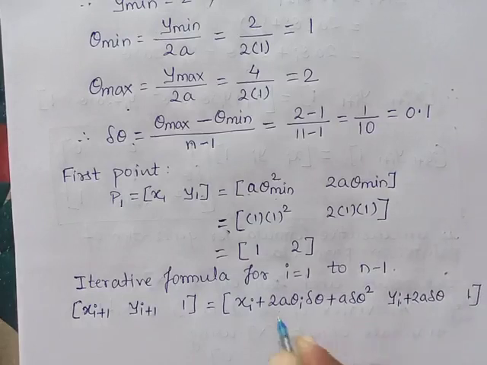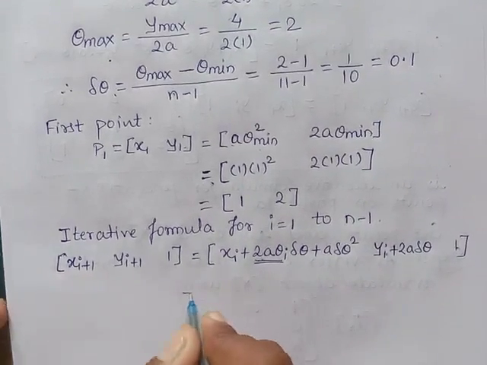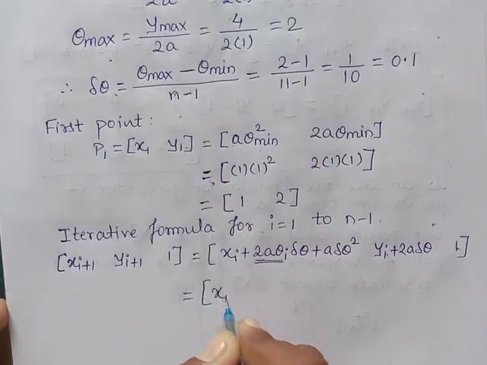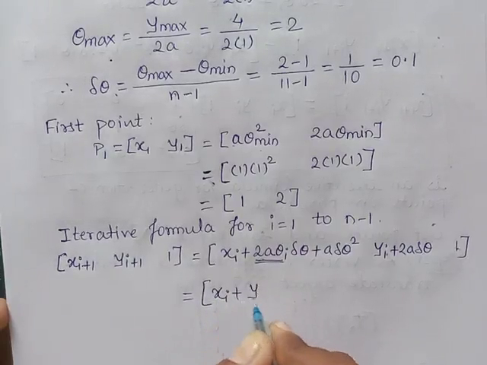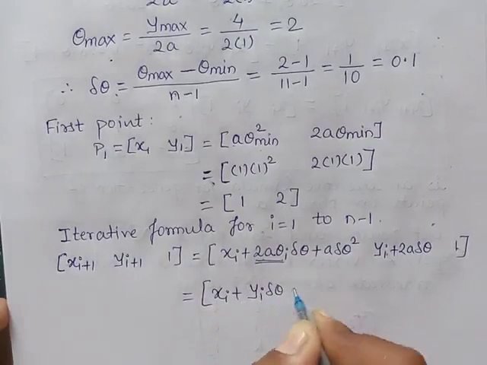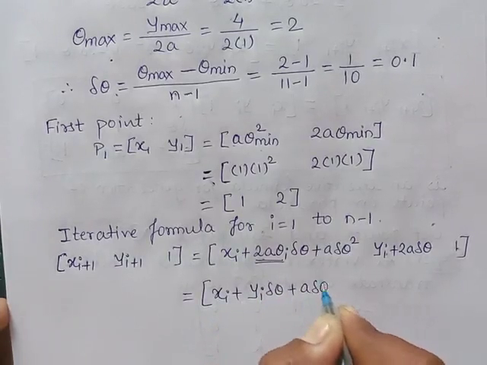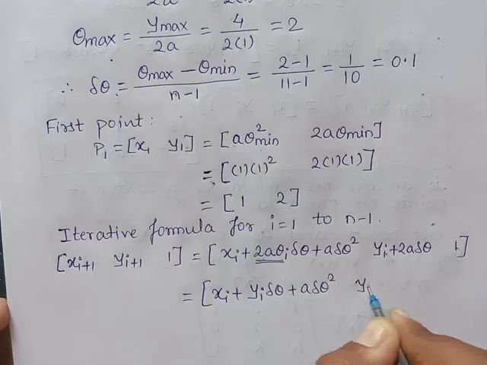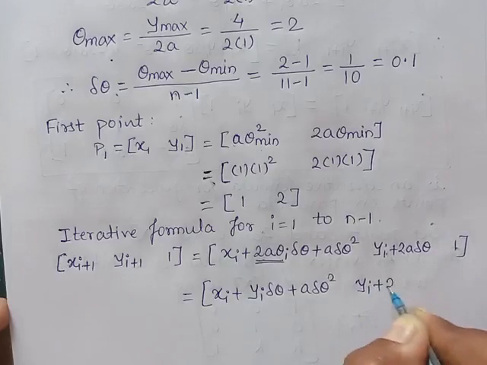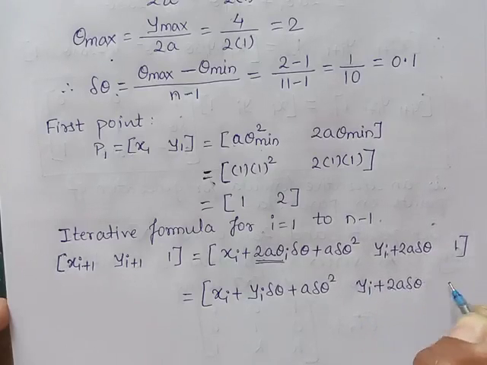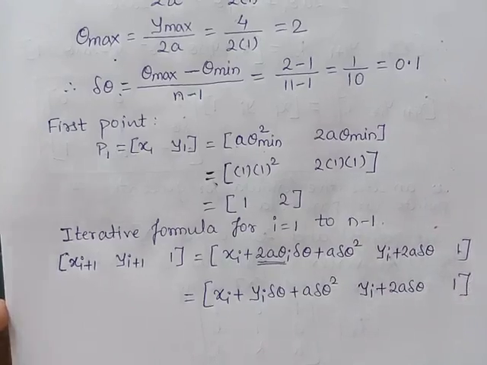Here by mistake I hadn't written y i, so let me write it again. It can be written as x i plus y i delta theta plus a delta theta square, right? And y i plus 2a delta theta. This is our iterative formula.